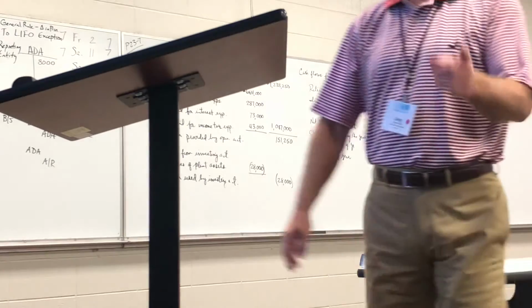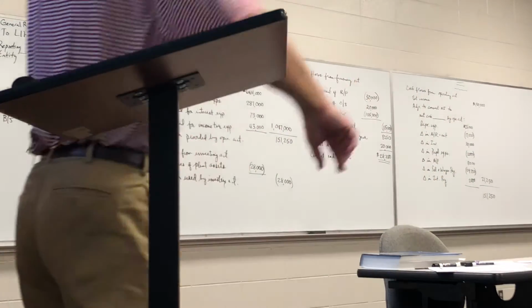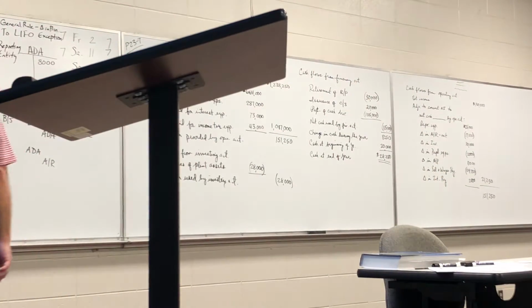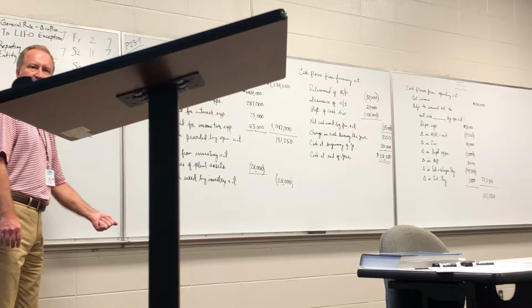Okay? So here's the deal. If I'm on LIFO, it is because I think LIFO provides a better matching of current expenses against current revenues, and I think the income statement is superior to the balance sheet.